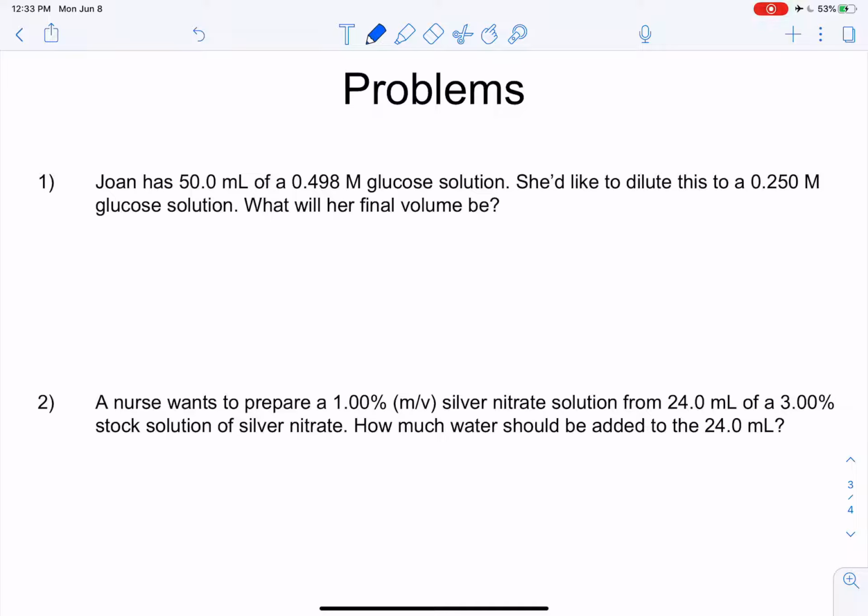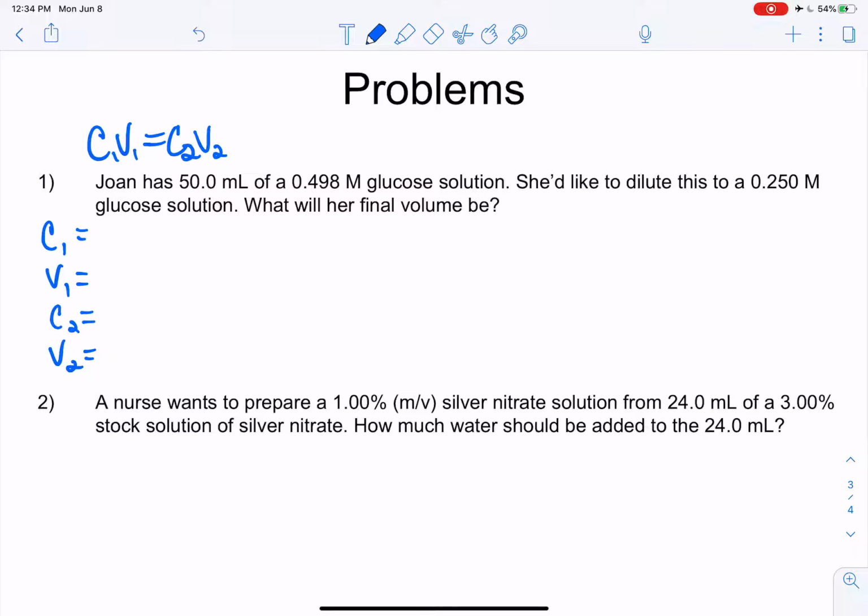So this is a dilution problem, so we're going to go ahead and say, okay, I need C1 V1 equals C2 V2, and we're going to list our variables so we can organize our thoughts and we can figure out which variable we're solving for.